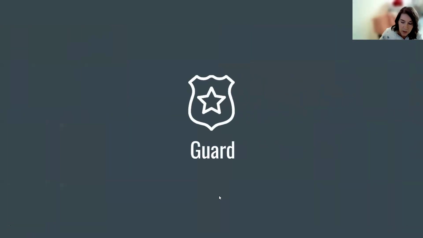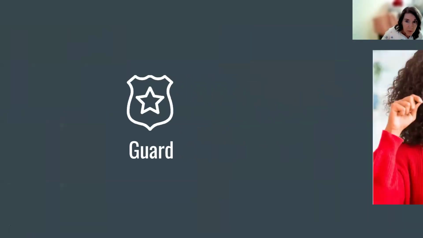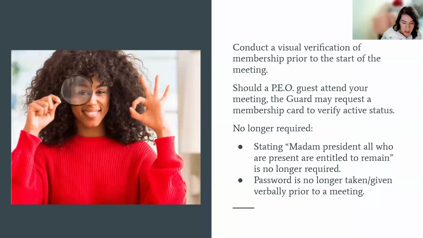So we're going to jump right into some of the positions. I'm assuming some of you today are guard, and since I'm sharing my screen, I can't see everyone, so I'm not going to ask you to raise your hand. So the guard's first responsibility is to conduct a visual verification of membership prior to starting the meeting.